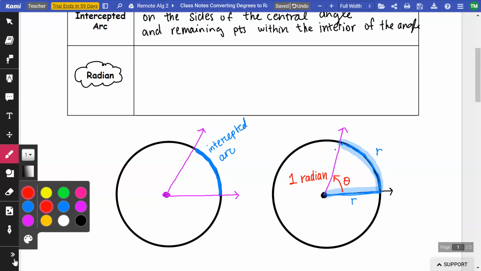So that means that the definition of a radian is the measure of a central angle that intercepts an arc with length equal to the radius of the circle.